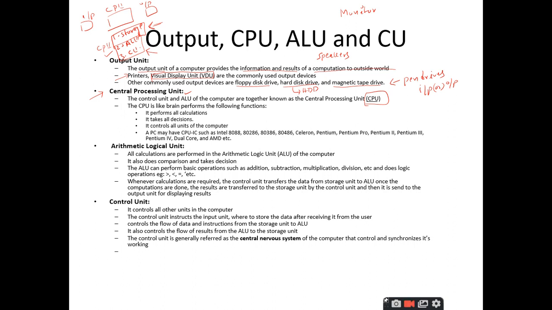Therefore, we call this CPU the brain of the computer. So, it should have some functions, right. The CPU is capable of making some calculations. It takes all the decisions, any decision it is going to take with respect to this computer will be done in the CPU only, and every unit is controlled by this CPU only.